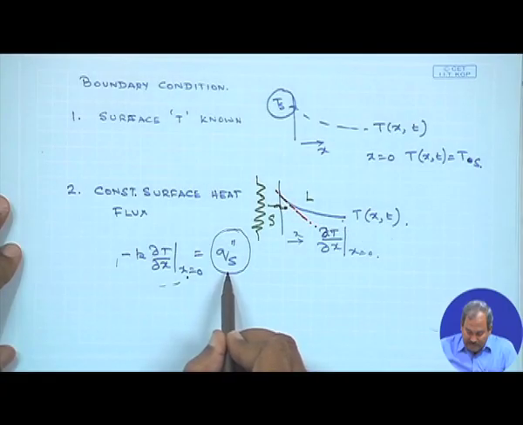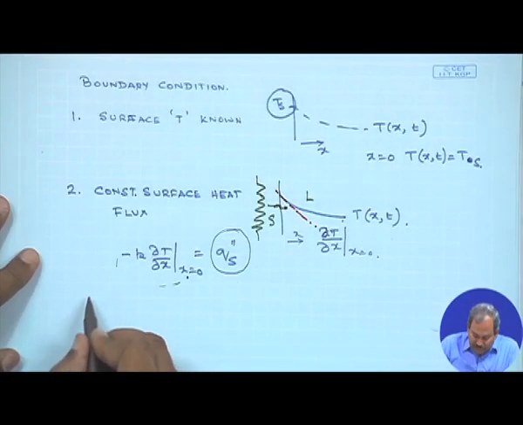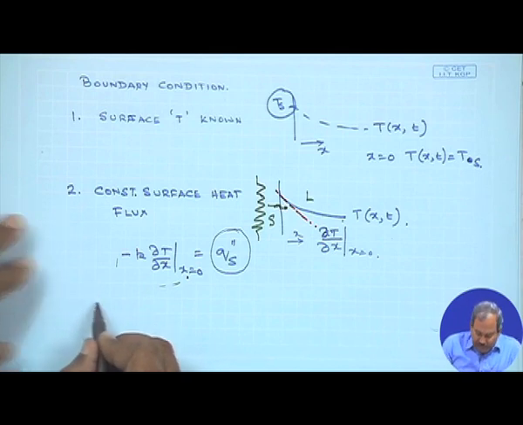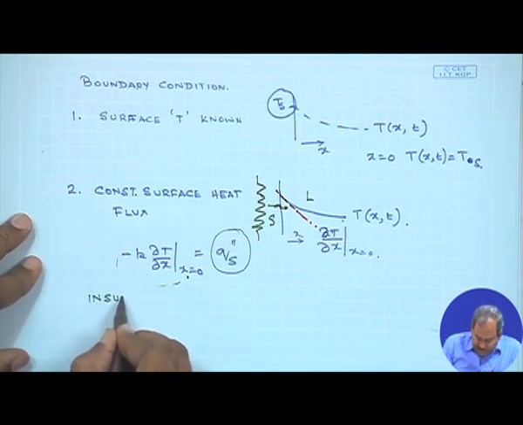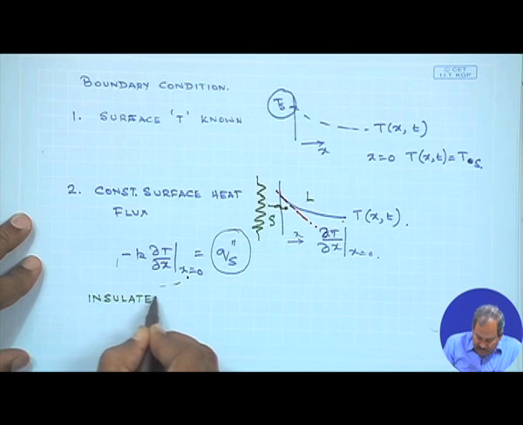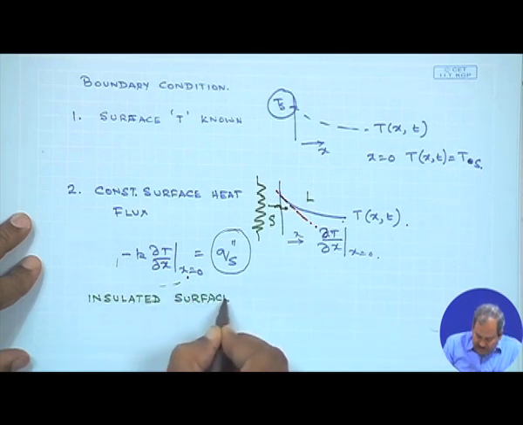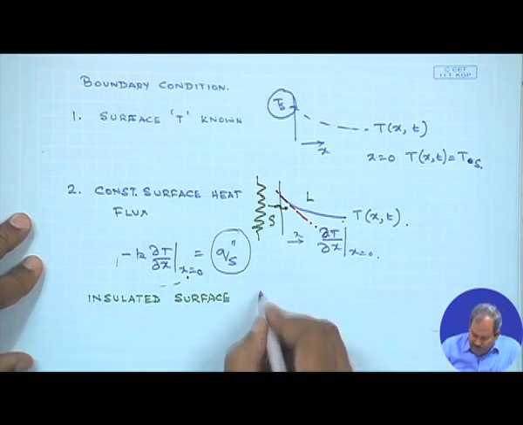So, going back to what we have shown before, this q s double prime is equal to 0. If you have an insulated surface, then your q double prime s is equal to 0.